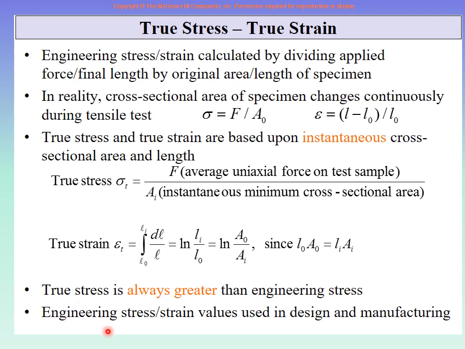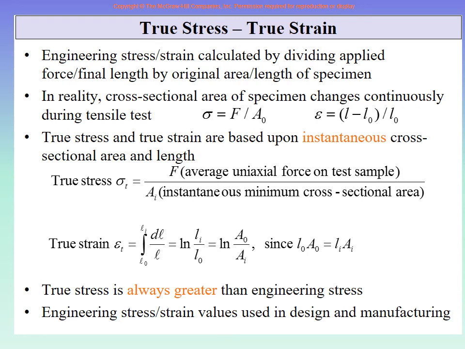But engineering stress strain, not true, is used in design and manufacturing. Why? Because even if we have engineering stress strain, we can compare the materials, no issue. This is stronger, this is less strong, this is very strong, this is medium strong. And the calculation is much simpler because you are using the original area and original length.